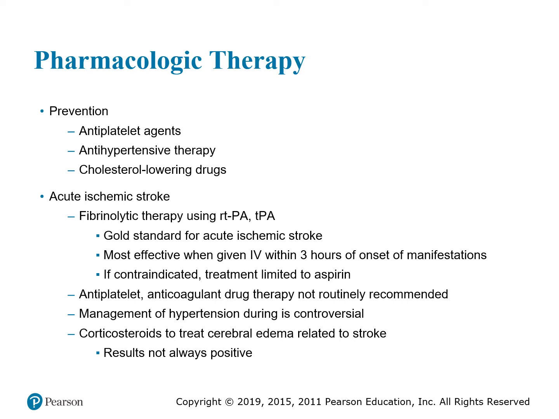Often with Ticlid, you have to do an EKG and look at their QRS complex and make sure it's not too wide. Ticlid is a platelet aggregation inhibitor that reduces thrombotic stroke. In patients with atrial fib, you will see anticoagulants like Coumadin or warfarin, Xarelto, Eliquis, Pradaxa, Savaysa.